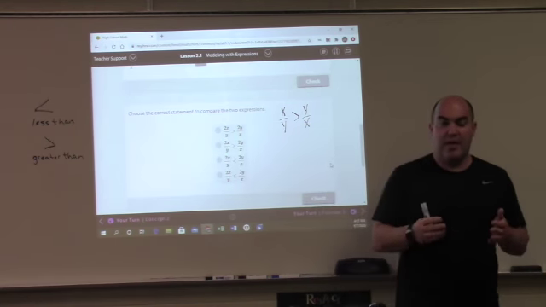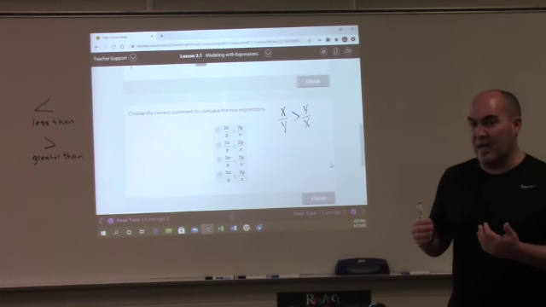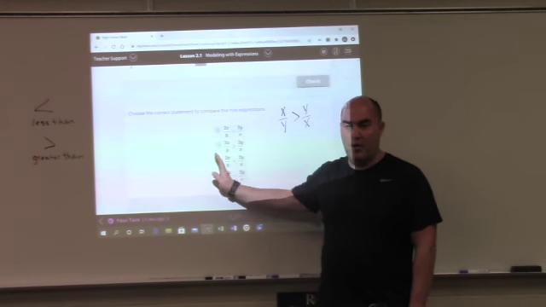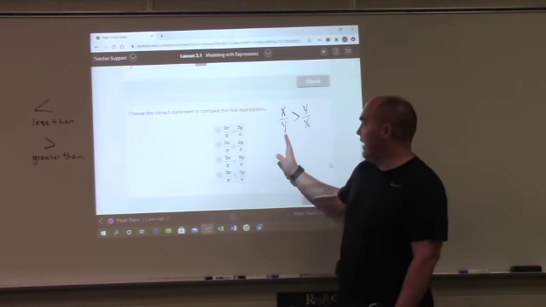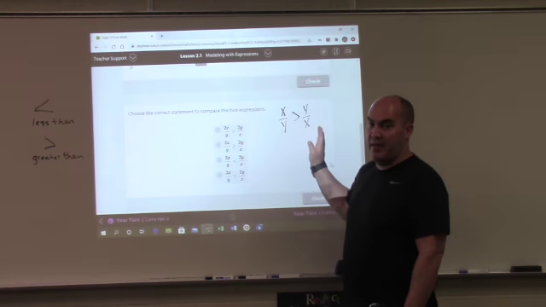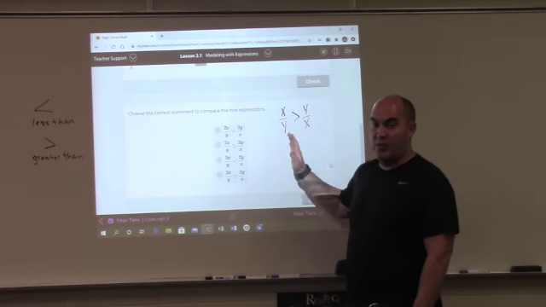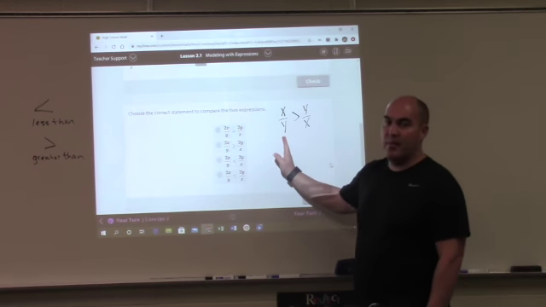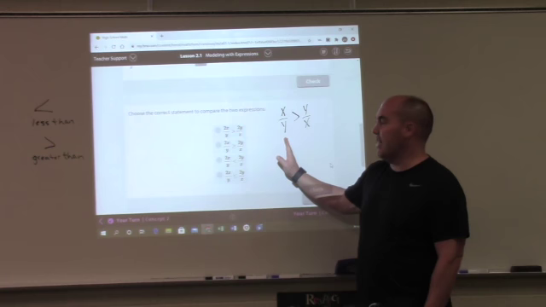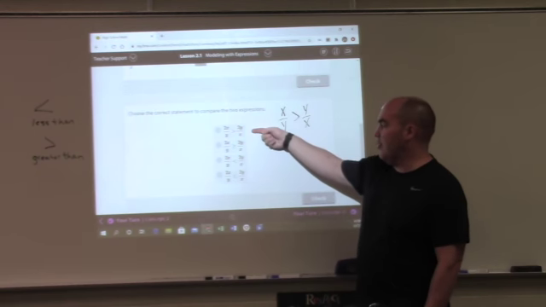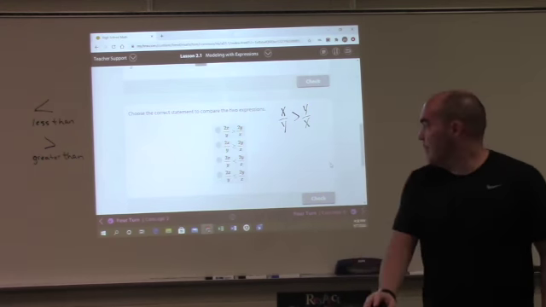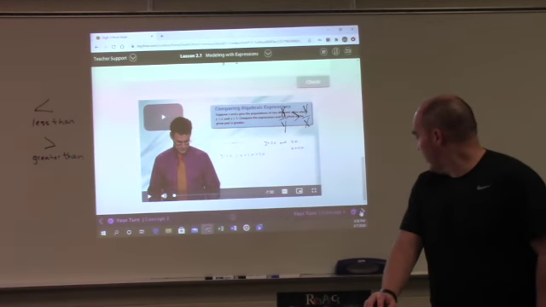So they did 2 times the X over Y and 2 times the Y over X. Well, if we multiply by 2 on both sides, and this one was already bigger than this one, that means this one is still going to be bigger, because we did the same thing on both sides. So this top answer here is 2X over Y is greater than 2Y over X.